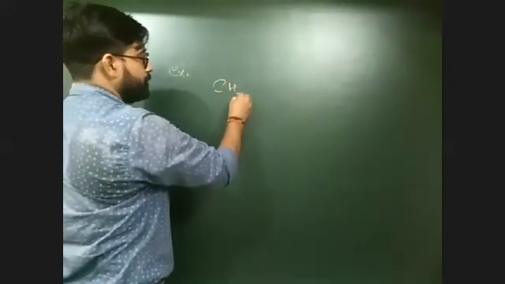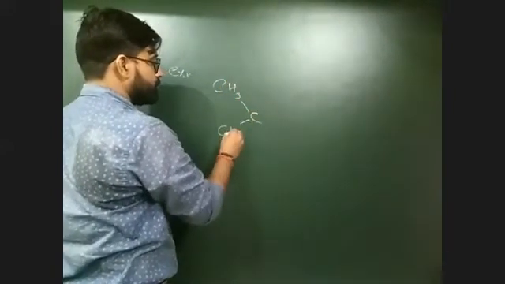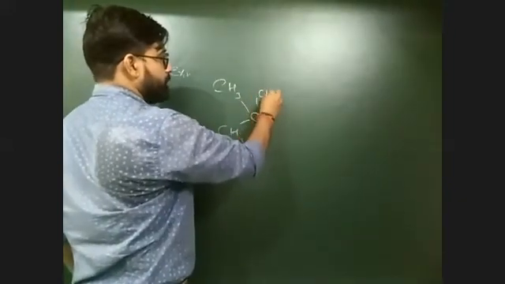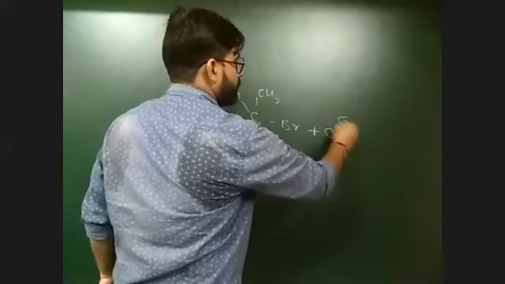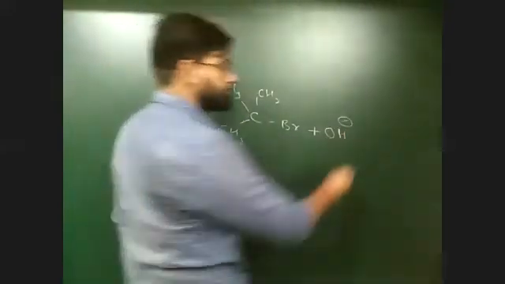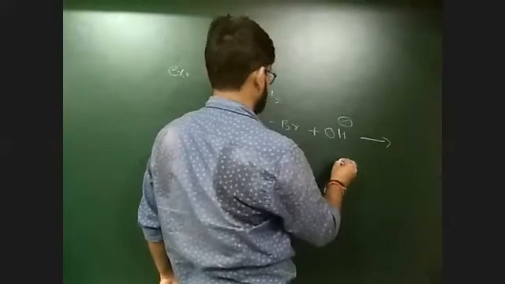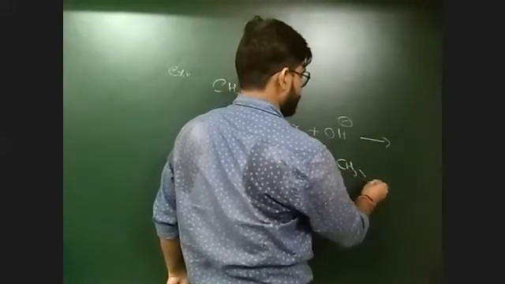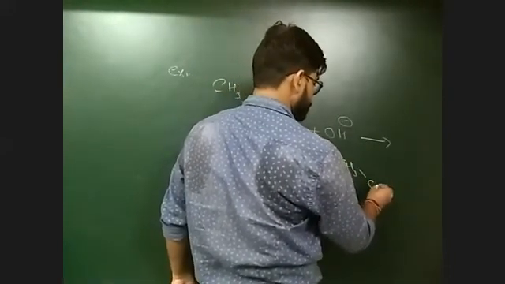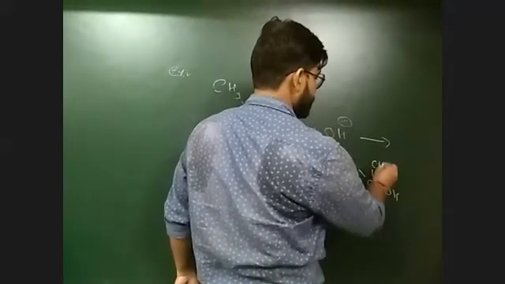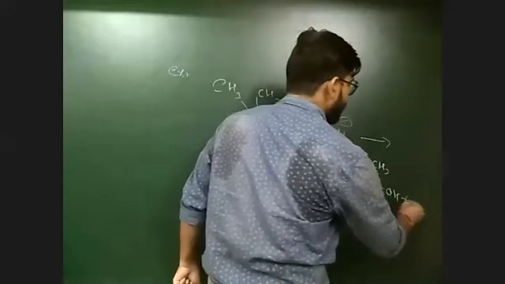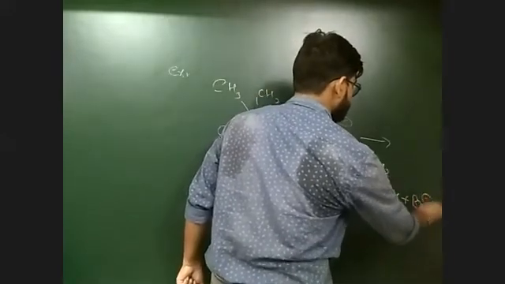Suppose we take an example: (CH3)3C-Br reacts with OH minus and gives a product (CH3)3C-OH and Br minus.